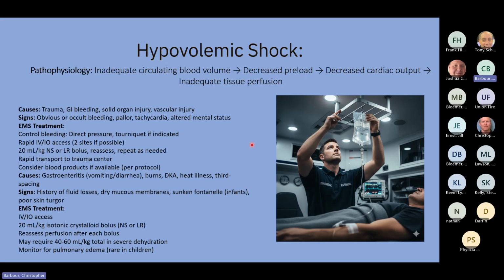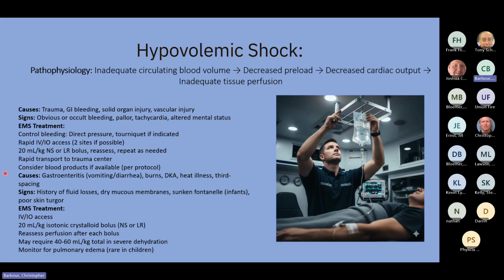We don't have the volume, so we decrease the preload, which decreases the cardiac output, and that's where we get our inadequate tissue perfusion. So we can control bleeding, we can give fluids. The traditional treatment for a child is going to be a 20 mL per kilo fluid bolus. That changes with our cardiac patients, but we'll see that in a minute.